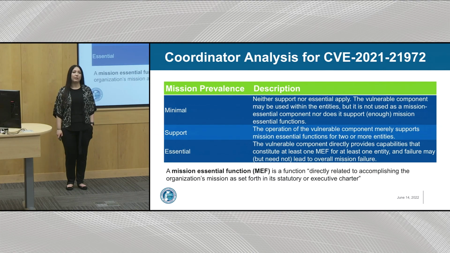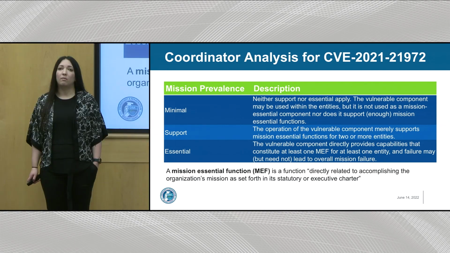The next decision point is mission prevalence. Concerning the CISA SSVC tree, mission prevalence takes into account the prevalence of the product, but also the functionality of the product, ranging from minimal to essential. As the example slide stated, the product is prevalent in the training environment, and a description of the product was also provided to give guidance on the functionality of the product.